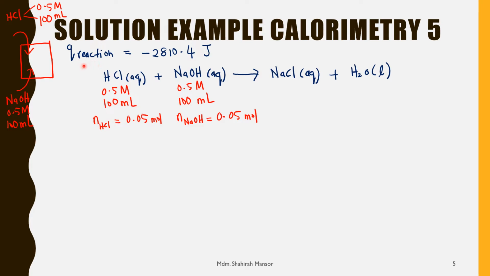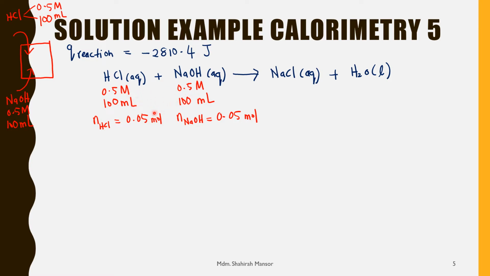So from the Q reaction value just now, kita dah dapat negative 281.04 joule. So next what you have to do adalah you have to write the balanced chemical equation untuk neutralization di antara acid dan juga base. Okay, so dalam this simple calorimeter now, kita dah ada nilai untuk concentration dan juga volume for both strong acid dan juga strong base.